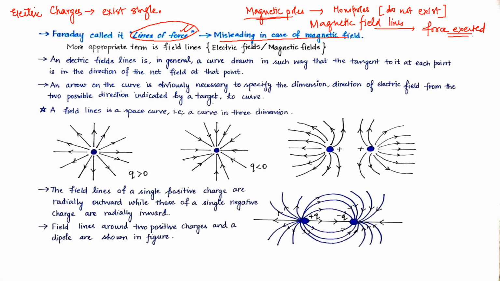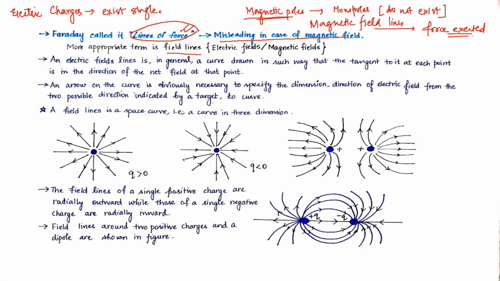Anything which is not giving us a numerical value of force cannot be called a line of force, and magnetic field lines do not give us anything related to force. A more appropriate term is field lines. So we say electric fields and magnetic fields.